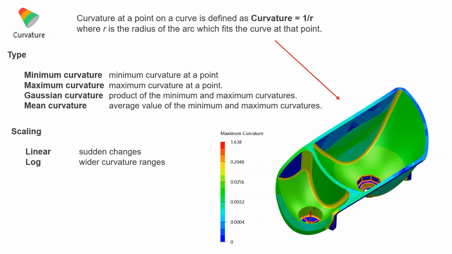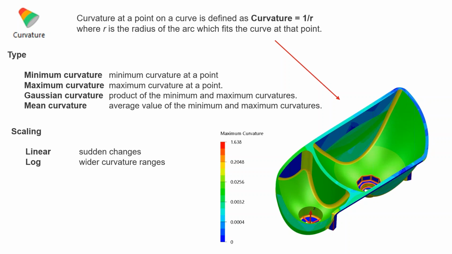Now bear in mind the radius of curvature, if you think of a point on a surface, effectively there's lots of potential curvatures going through that point. If you were to rotate around the point, in one direction it could be almost flat, and in another it could be highly curved. So the first thing to think about is the radius of curvature at a point can vary depending on how we measure it. But we're measuring it in curvature, which is equal to 1 over the radius through that point.